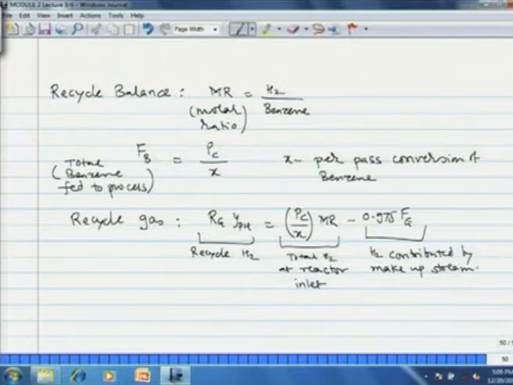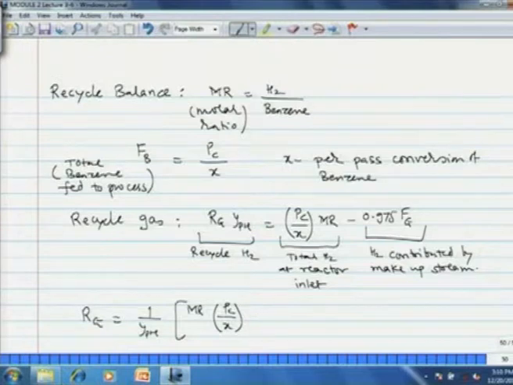So, by rearranging this, we can get expression for Rg in terms of the design variables YPH and MR. So, that completes the recycle balance. Now, let us look at the flow rates at reactor outlet or reactor effluent.